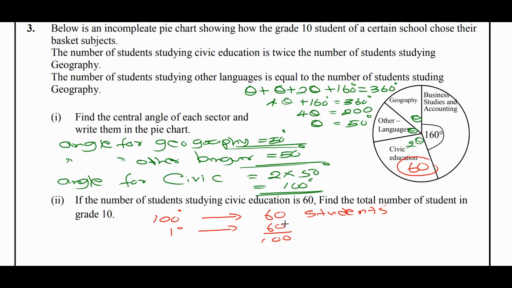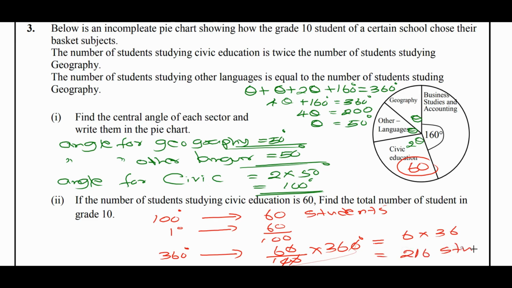The total students means 360 degrees. 360 degrees represents 60 divided by 100 into 360. Then cancel the zeros. Then it would be equal to 6 into 36, which will be 216 students.